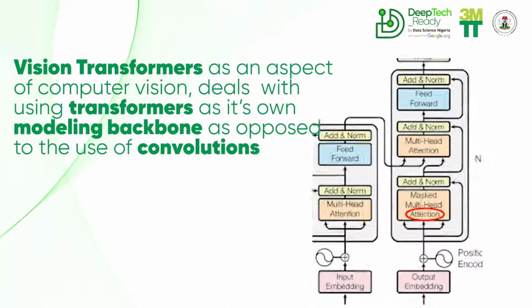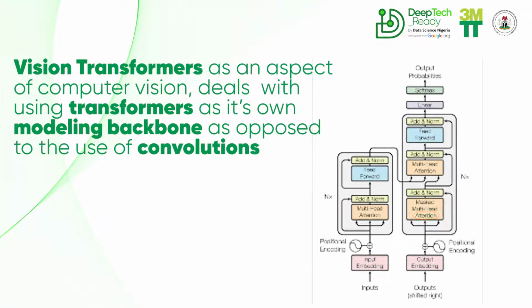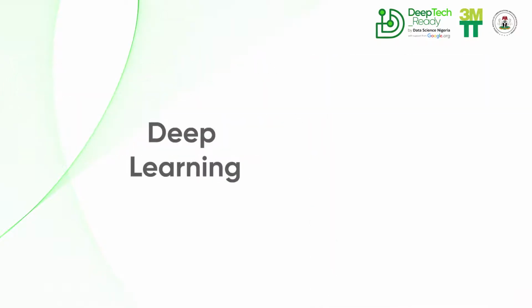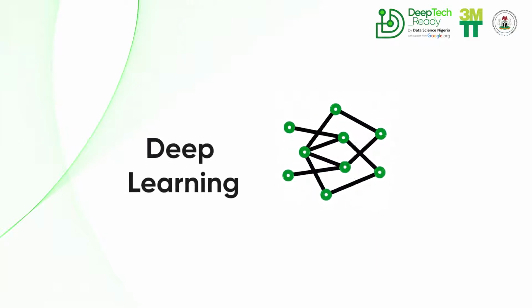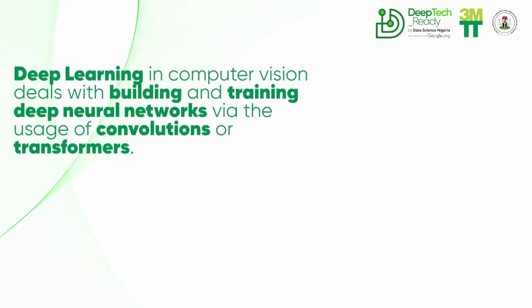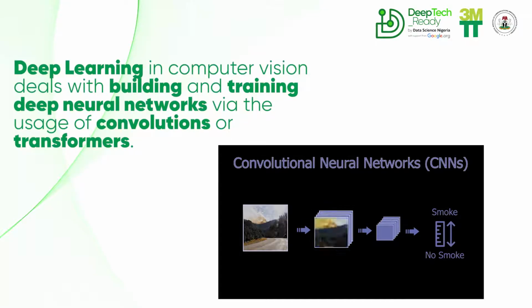You are now using transformers as the backbone in order to build that particular model. This is another scope, which is deep learning. What we're talking about in this case is the usage of convolution as opposed to transformers. That's a field on its own, whereby you are building models using convolutional algorithms, as opposed to the usage of transformers.